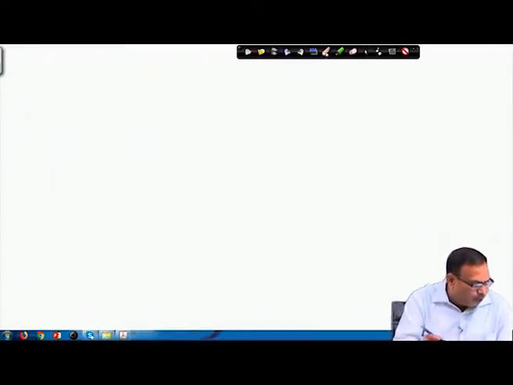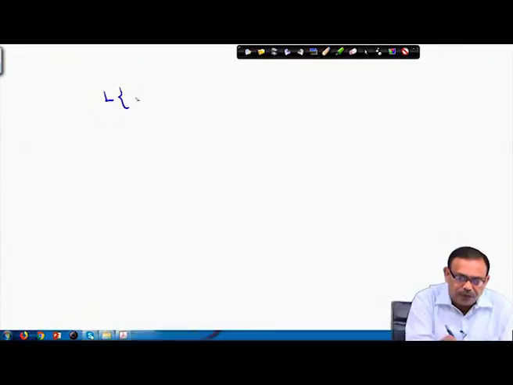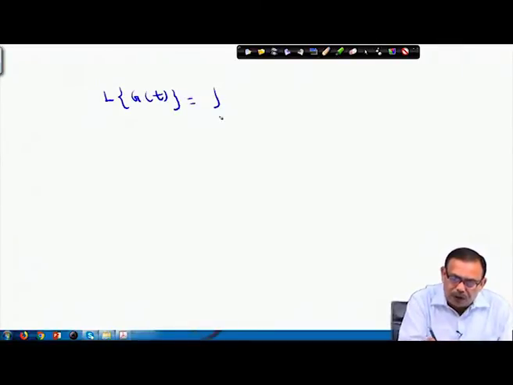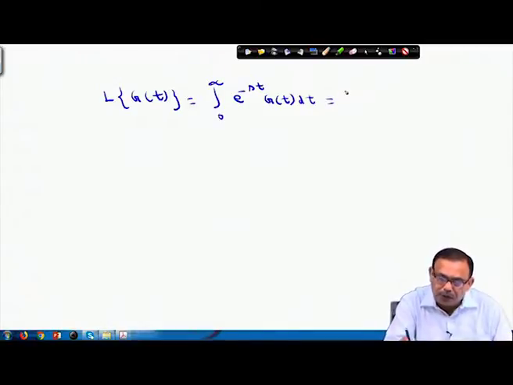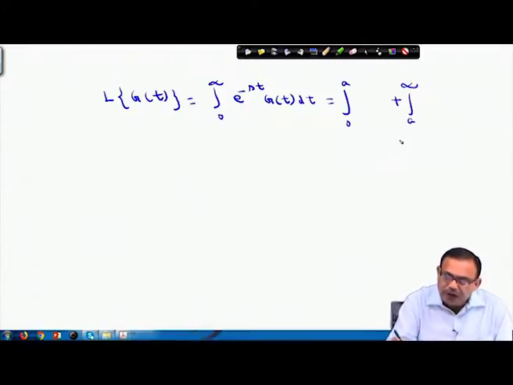For the proof of this, we start with the Laplace transform of the function g(t), which equals the integral from 0 to infinity of e to the power minus s t into g(t) dt. As usual, you can break it into two parts: 0 to a, and a to infinity. From 0 to a, the value of g(t) is 0, so this term will vanish.